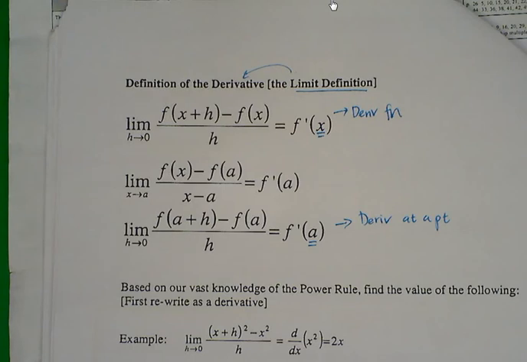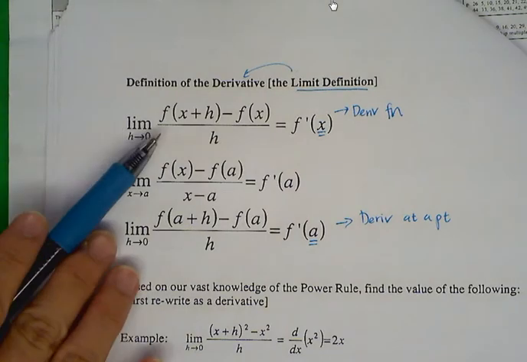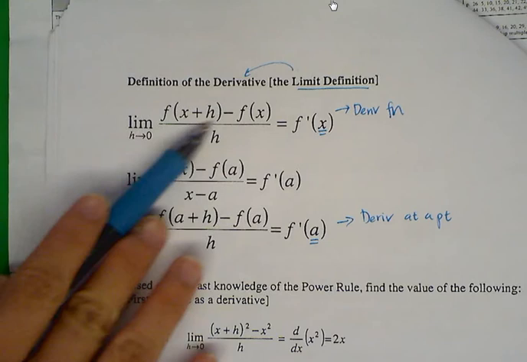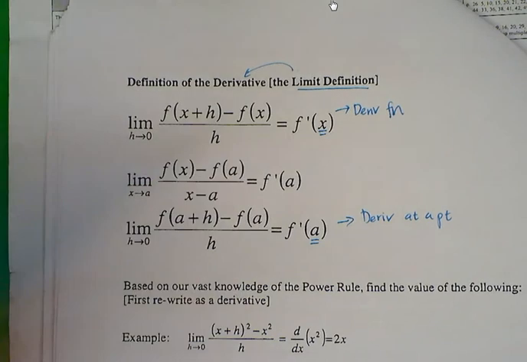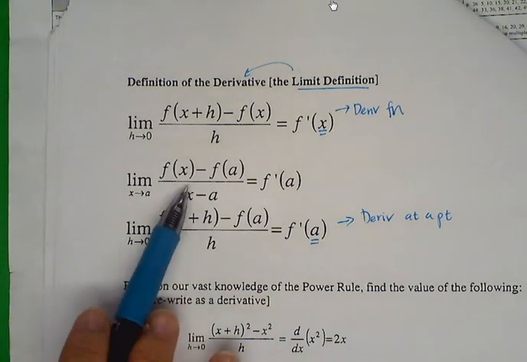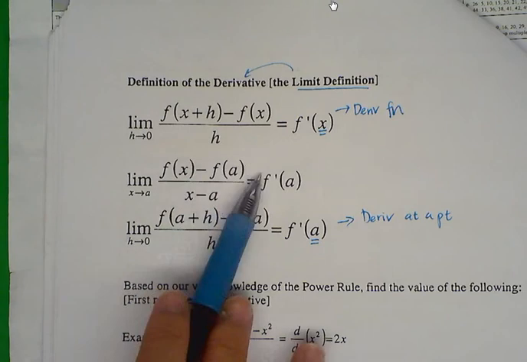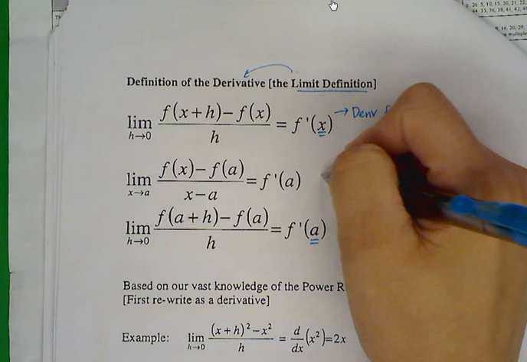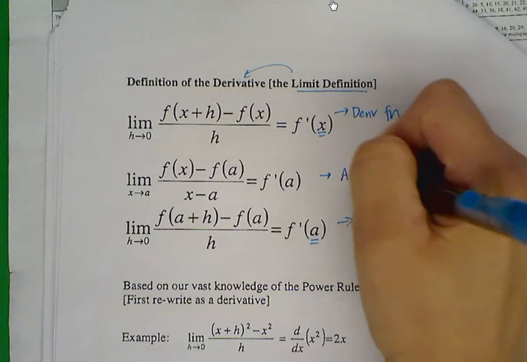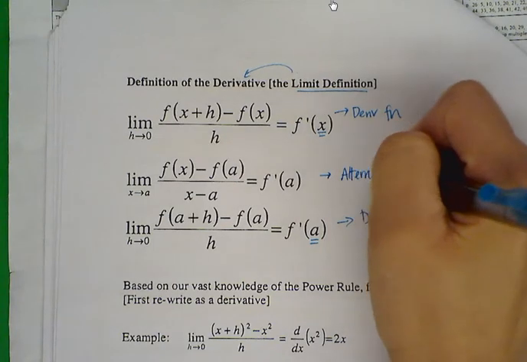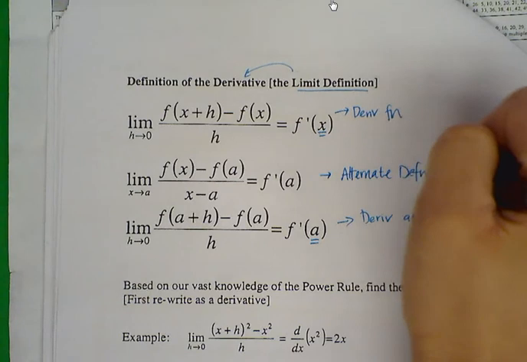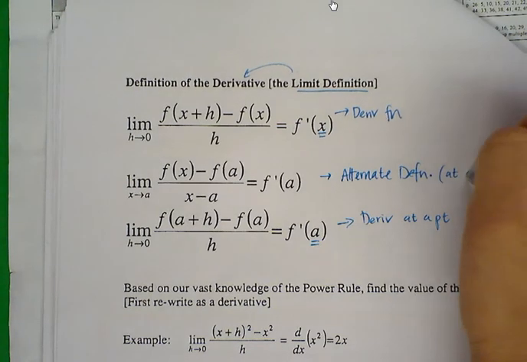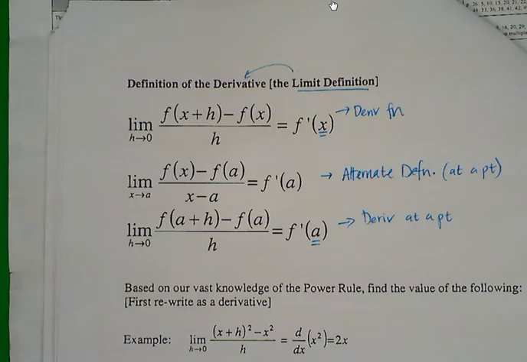This one is the traditional definition: limit as h goes to 0 of f of x plus h minus f of x over h. What is this one? This is the limit as x goes to a of f of x minus f of a over x minus a. This is the alternate definition. So you need to know all of these. This is also at a point.